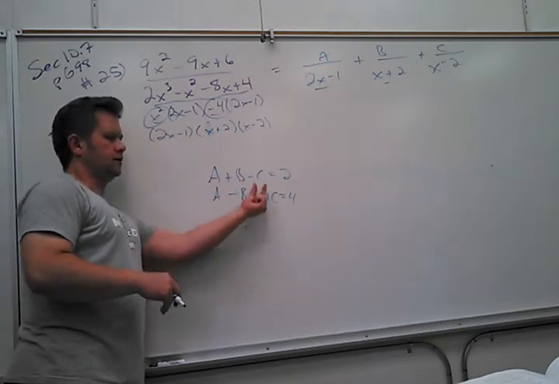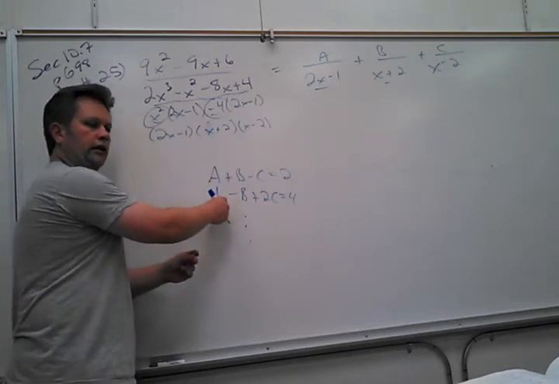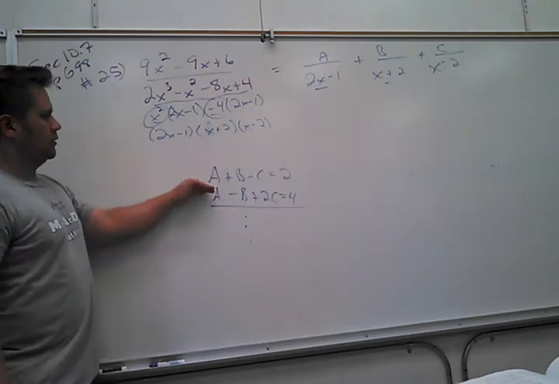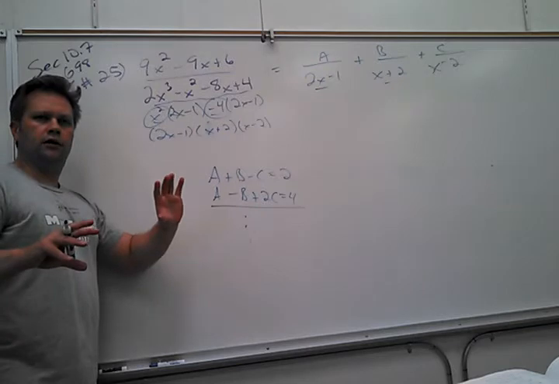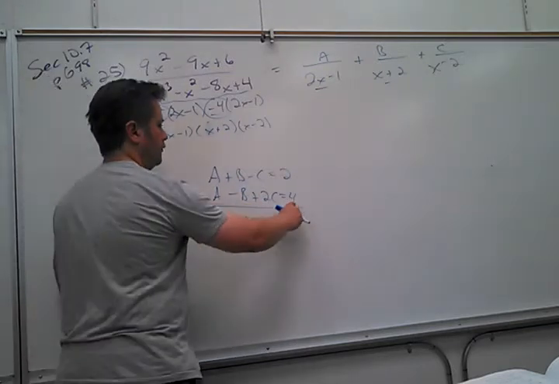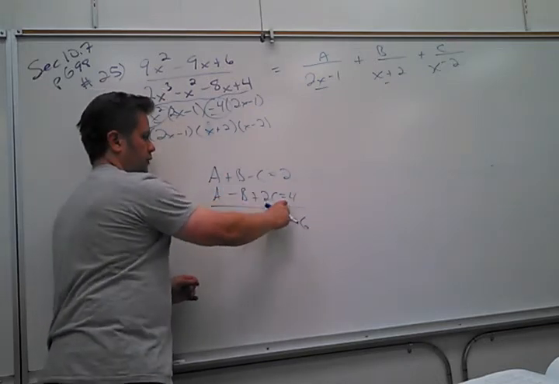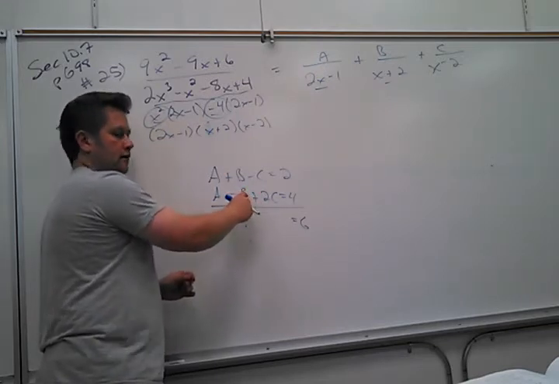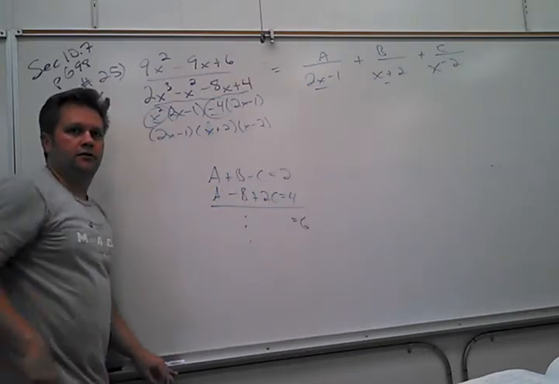A, B, and C are just numbers that we don't know. So anytime I have a system of equations like this, you are completely allowed to just add those together if you wanted to. If you add these together, it's nice because then the B's go away, right? If your question is why you are allowed to do that, well, if I add 4 to this side, I have to add 4 to the other side also. But 4 is this. So if I add this to this side, then I am actually adding 4 to both sides.